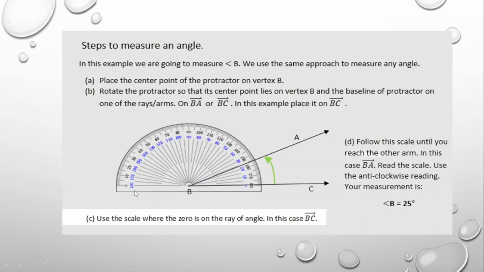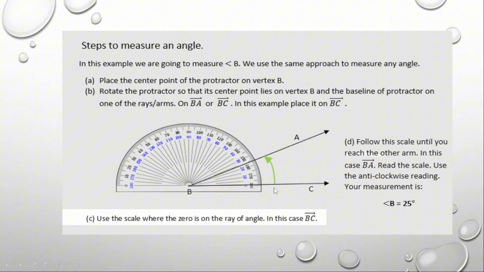So in this case, it's on BC. Right, so let me start again. You have your angle ABC. You take your protractor and you rotate it so that its center point lies on vertex B, and the baseline on one of the rays. In this case, it is on BC.